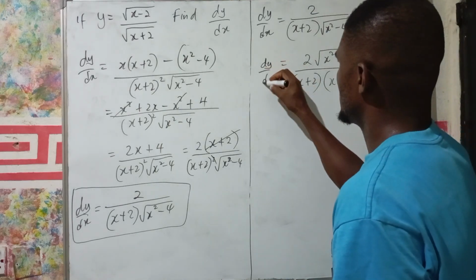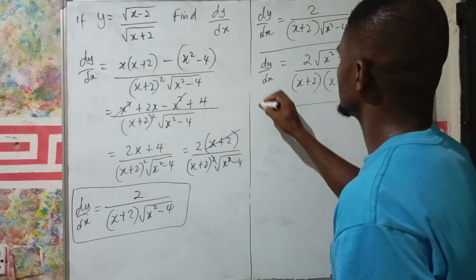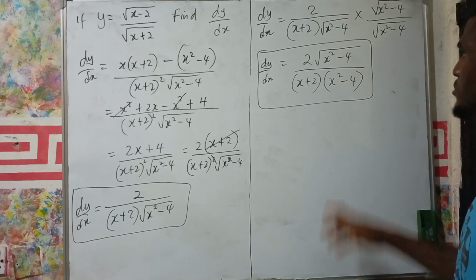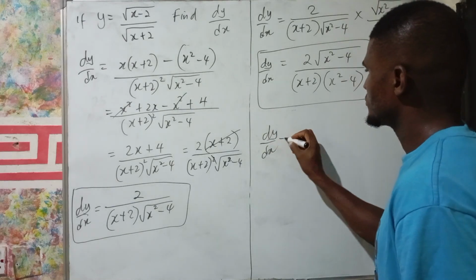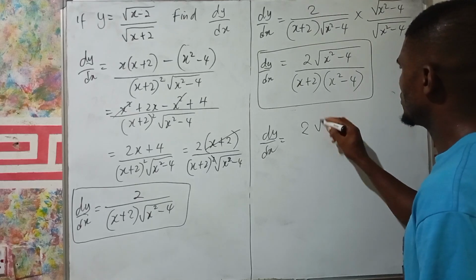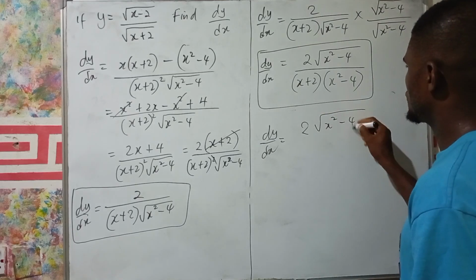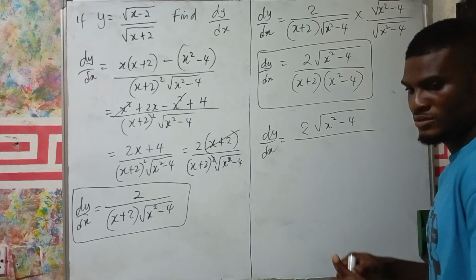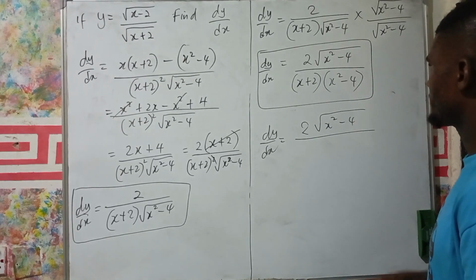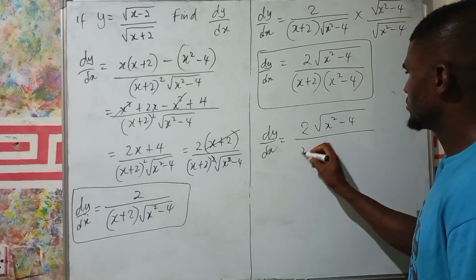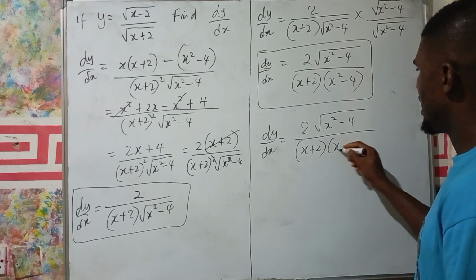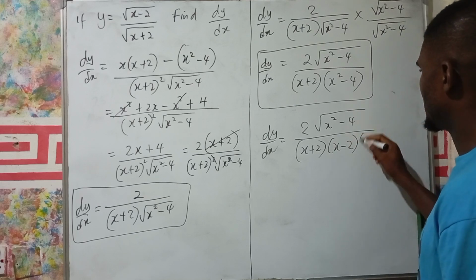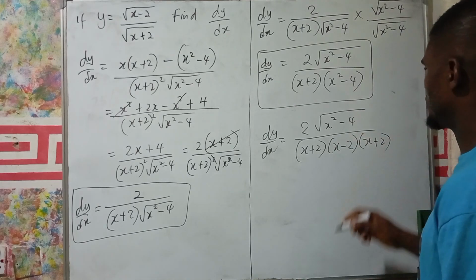But if you still need to break it down further, you will recall that x squared minus 4 is a difference of two squares. This difference of two squares will be the same as x minus 2 in one bracket and x plus 2 in the other bracket.